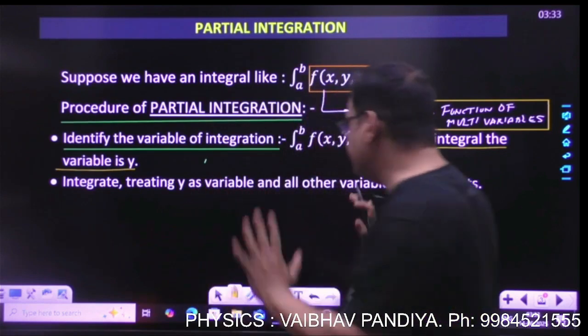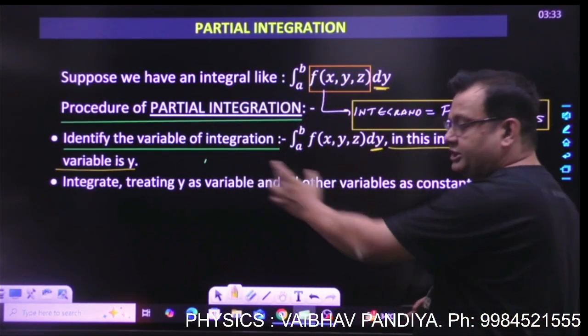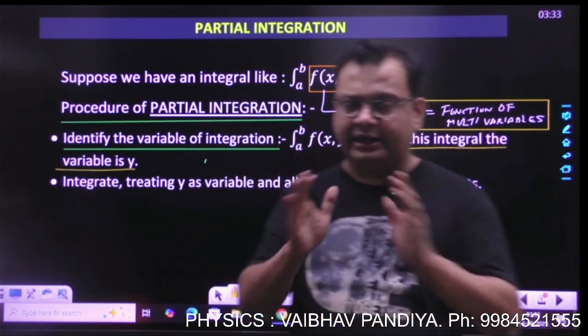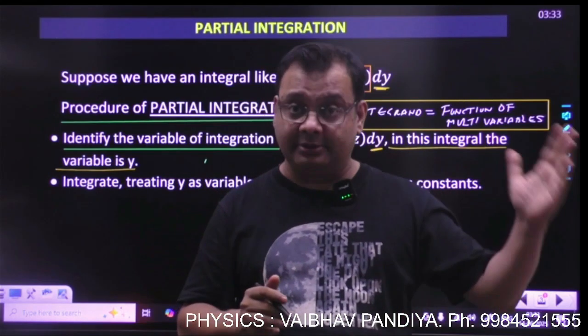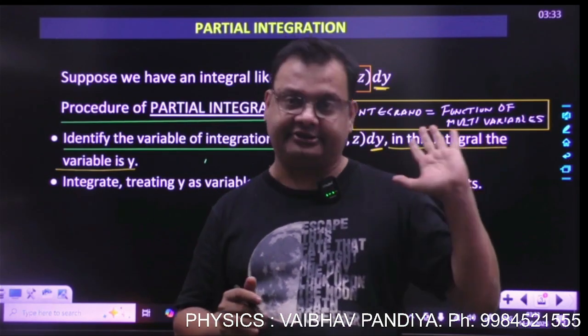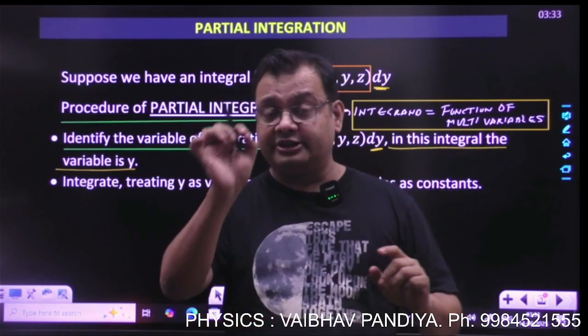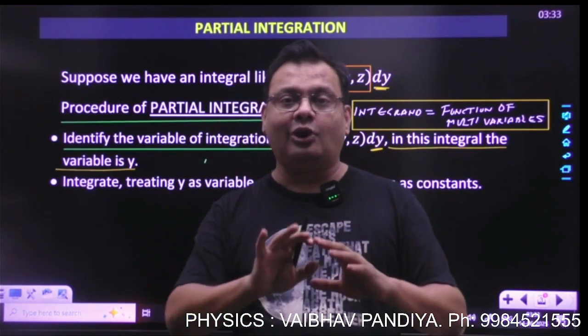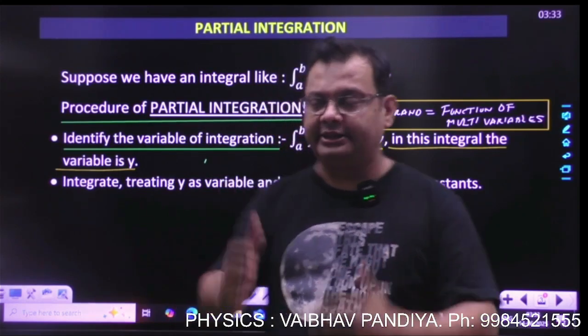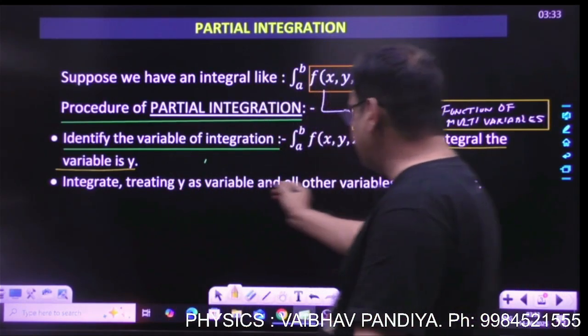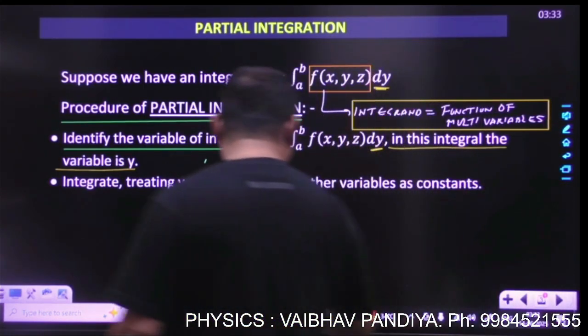Now, what we need to do, you will treat y as the variable. In the integrand you will treat y as the variable and all other variables will be treated as constants. Again I repeat, you will treat y as the variable and all other variables will be treated as constants and you will integrate accordingly. Correct? Integrate treating y as variable and all other variables as constants.